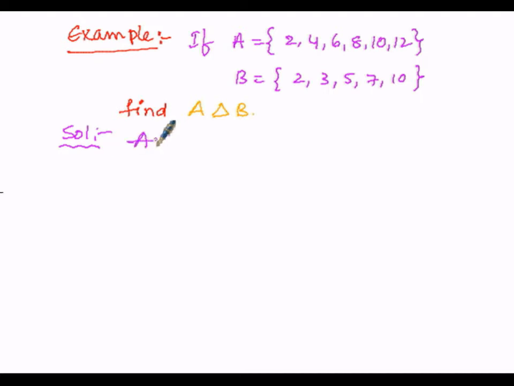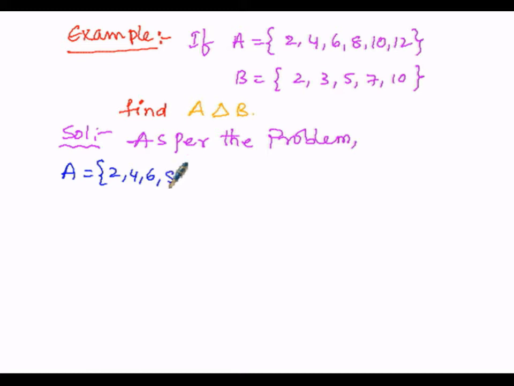As per the problem, the two sets given to us are set A with elements 2, 4, 6, 8, 10, 12, and set B with elements 2, 3, 5, 7 and 10.